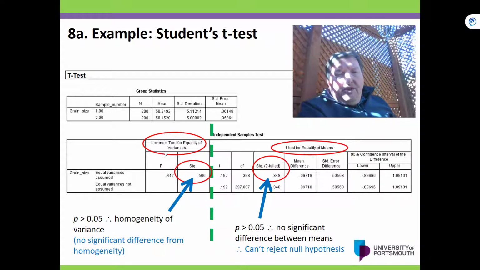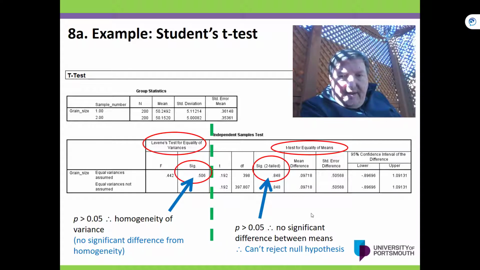So we've got homogeneity of variance. Okay, so our spread of data from the particles on Southsea Beach and Brighton Beach are the same. Therefore we can proceed with the student's t-test.